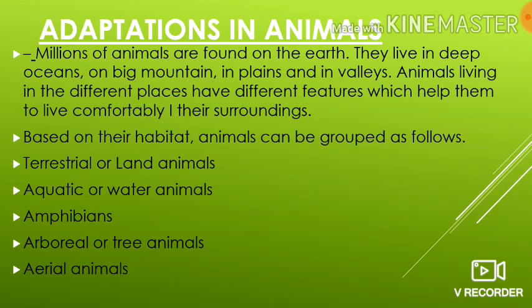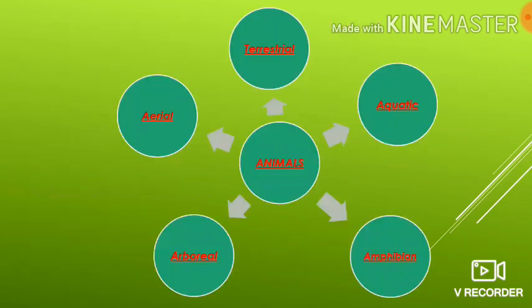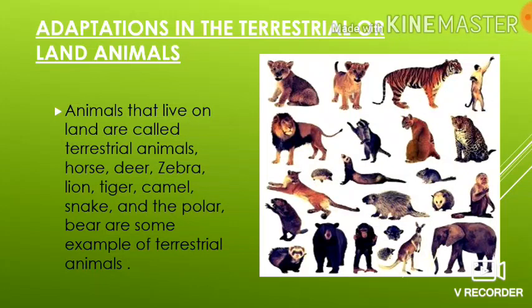And number five, aerial animals. As you can also see in this picture, animals are grouped as follows: terrestrial, aquatic, amphibian, arboreal and aerial. So, let us study the adaptations of these groups.